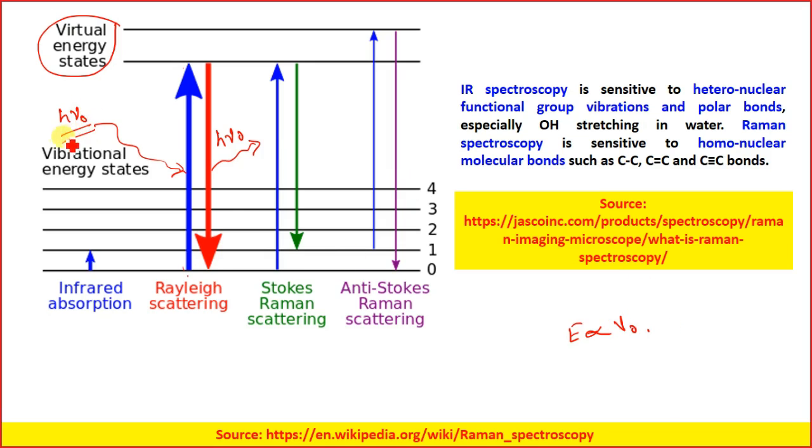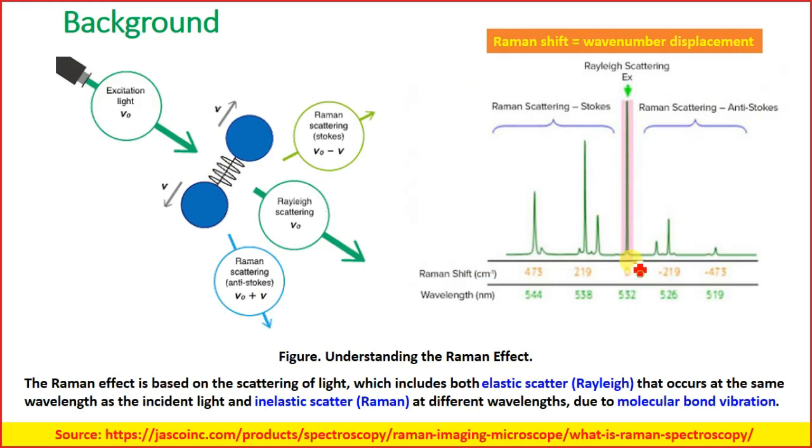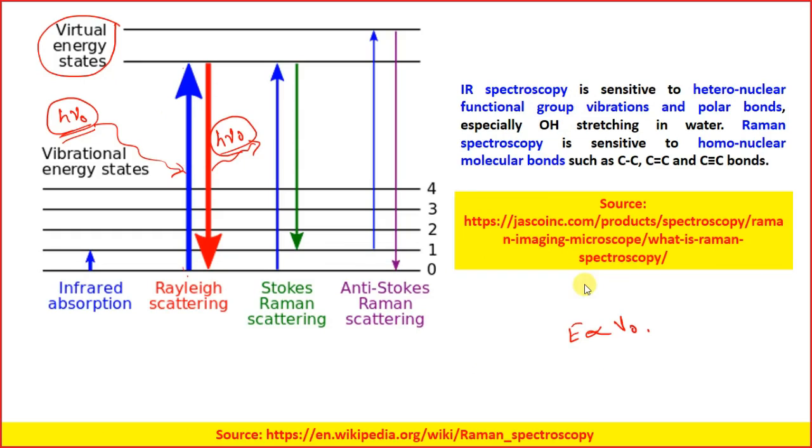Hence it is called elastic scattering. So in the Raman shift, the change in energy is zero. Next, what happens in Stokes Raman?